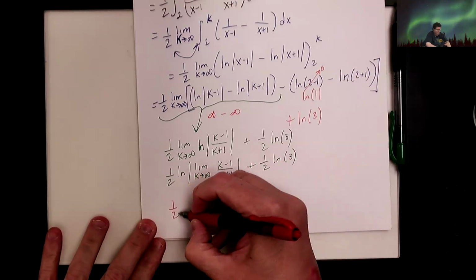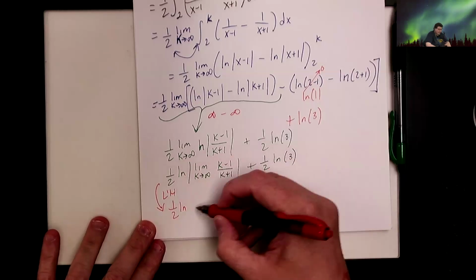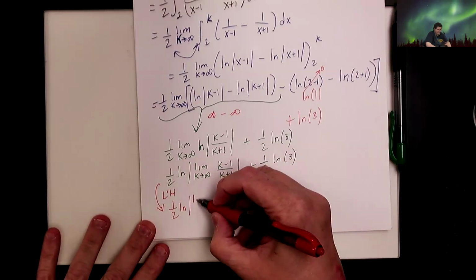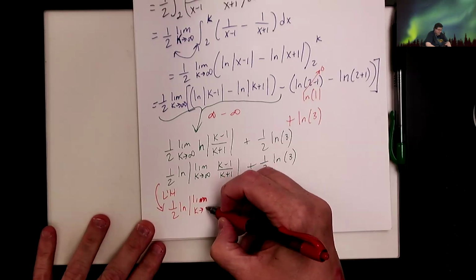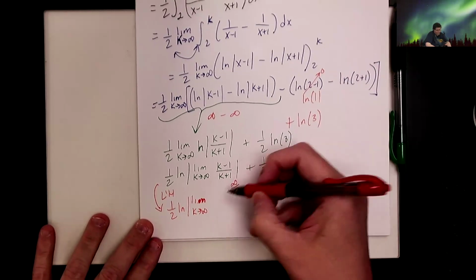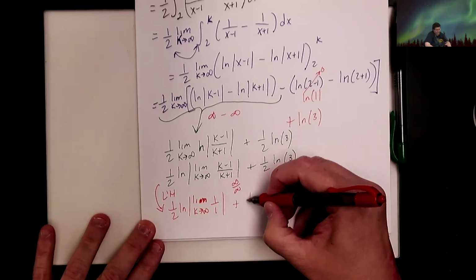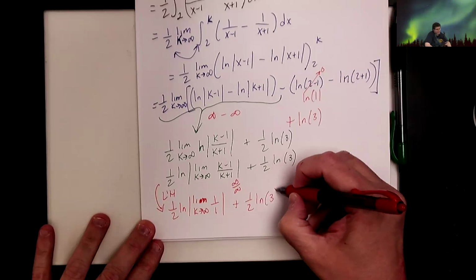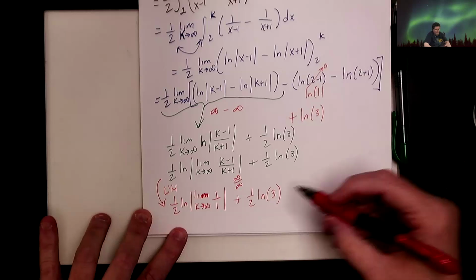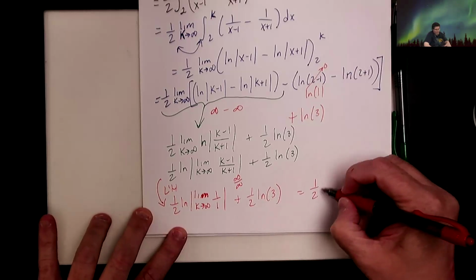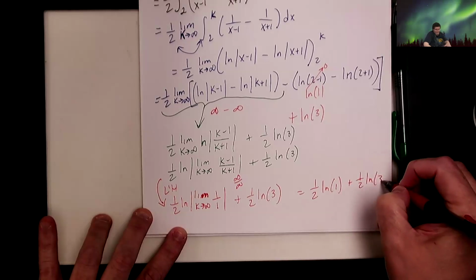But at this point, we can use L'Hopital. This should have the same value as the limit as K goes to infinity of 1 over 1, plus 1/2 natural log of 3. And that does work. We get 1/2 natural log of 1 plus 1/2 natural log of 3.